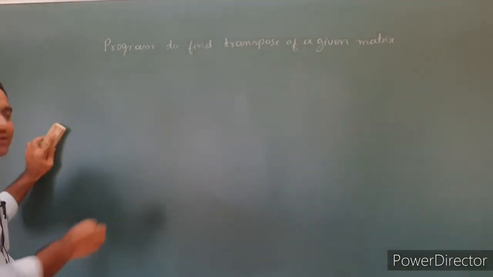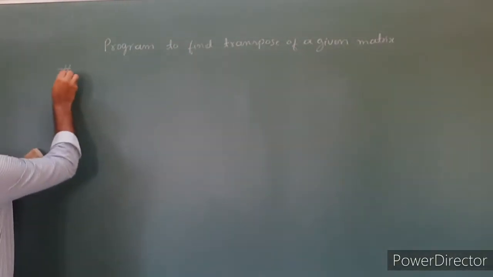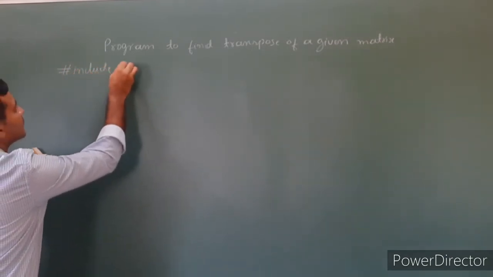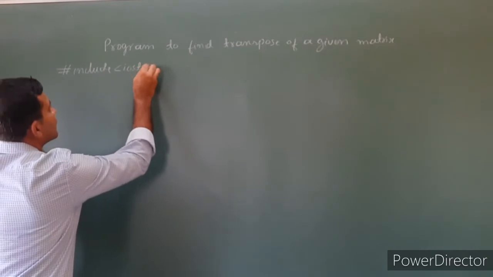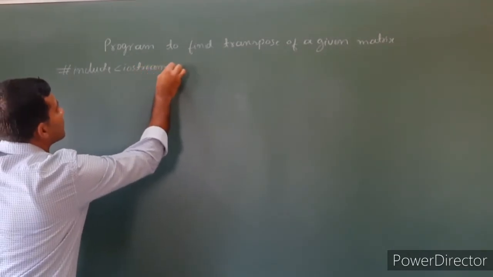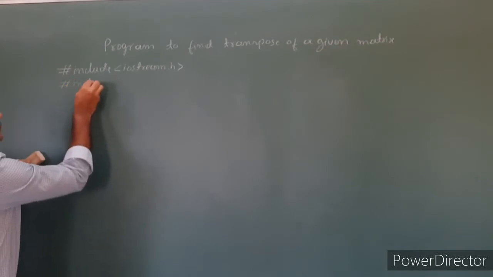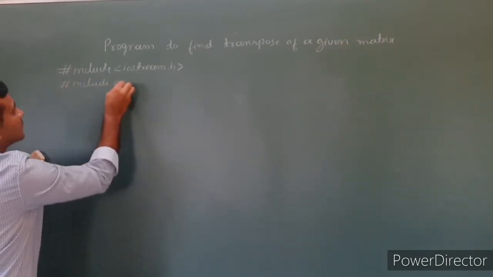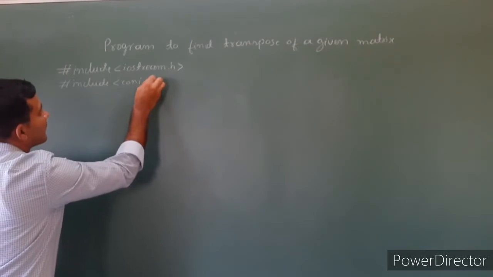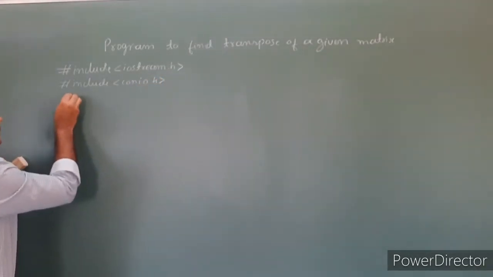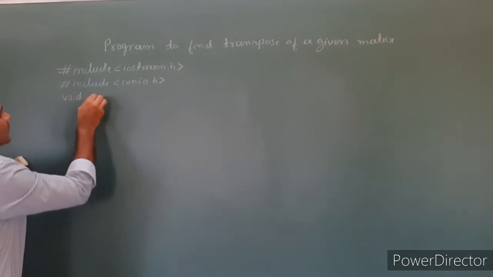First write the include statements: hash include iostream, conio.h, then the main of the program.